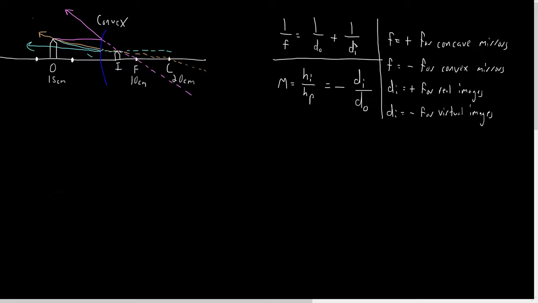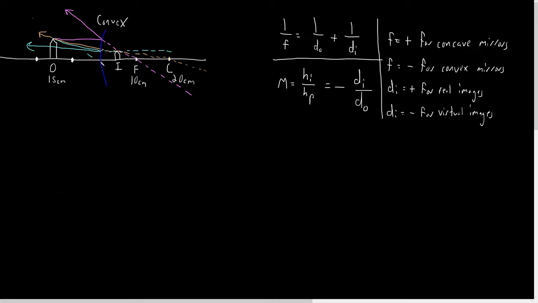Now, in order to find out how far away that image is, a couple things about that focal point. It can have a sign, positive or negative. For concave mirrors, your focal point is going to be positive, and for convex mirrors, your focal point is going to be negative.